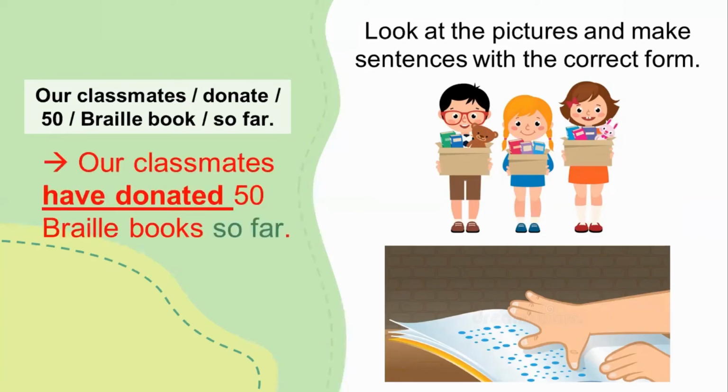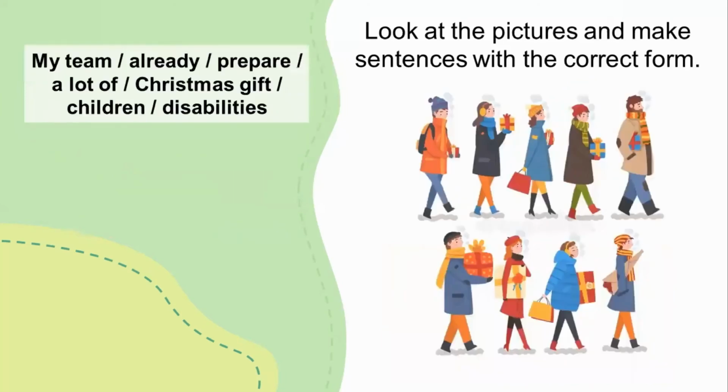Our classmates have donated 50 Braille books so far. We have the signal word so far. So in this sentence, we will use which tense? Present perfect. Great. Thank you.